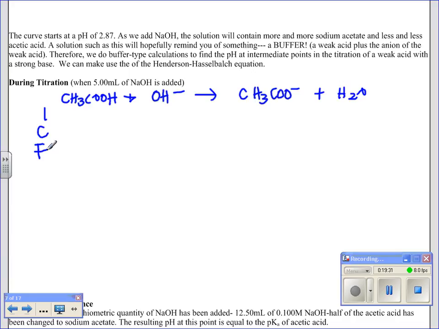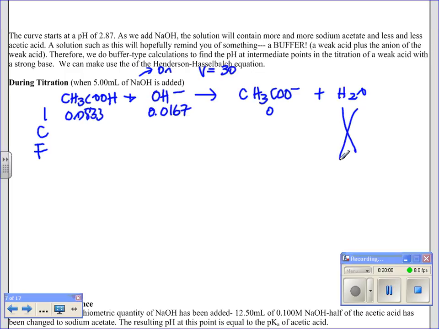The concentration of the sodium hydroxide that we're using is 0.1, and the volume that we have at this point is 30 milliliters because we've added 5 milliliters to our initial 25 milliliter solution. So we see that we've got 0.0833 and 0.0167. We've got none of this initially. The water I'm not worried about.